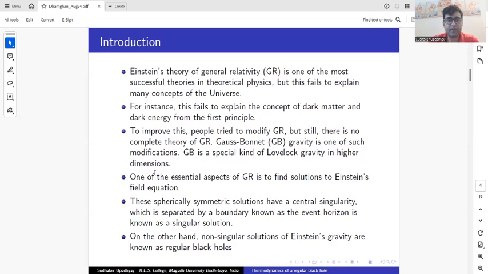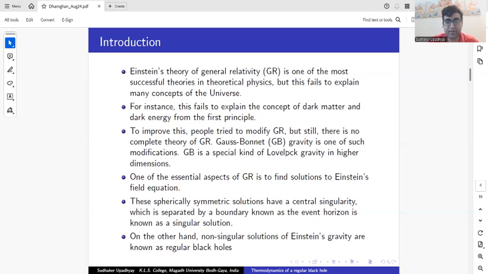So to improve the situation, one needs to modify GR, because it does not explain everything in a correct manner. There is no complete theory of GR, you see.